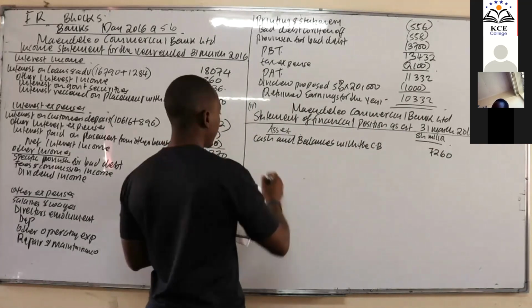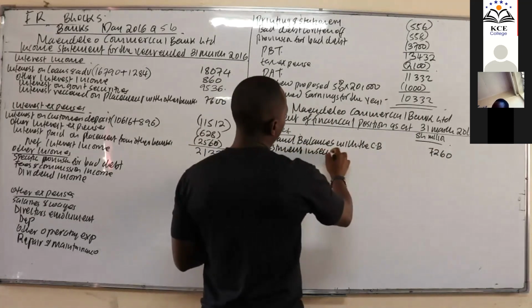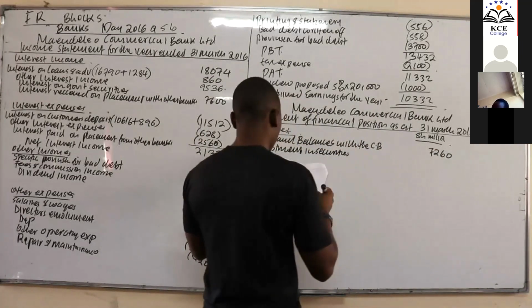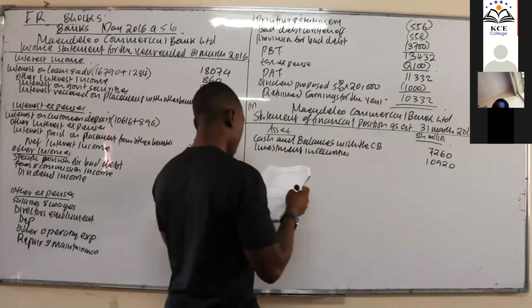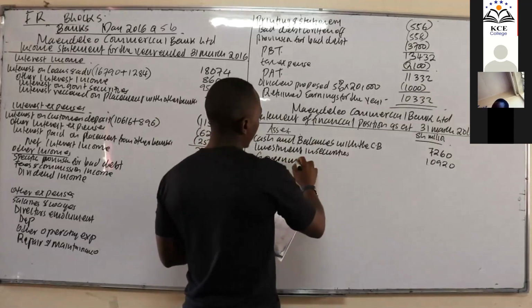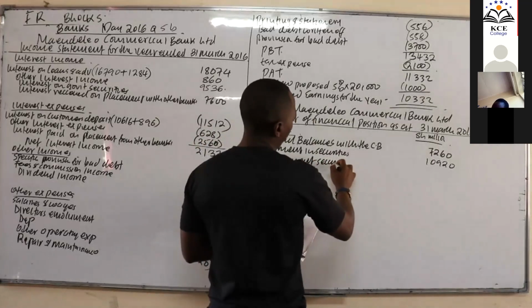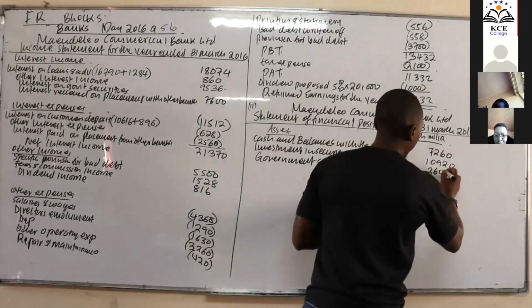So we have investment in securities, an amount of 10,920. Then we have government securities. The government securities have 26,400.